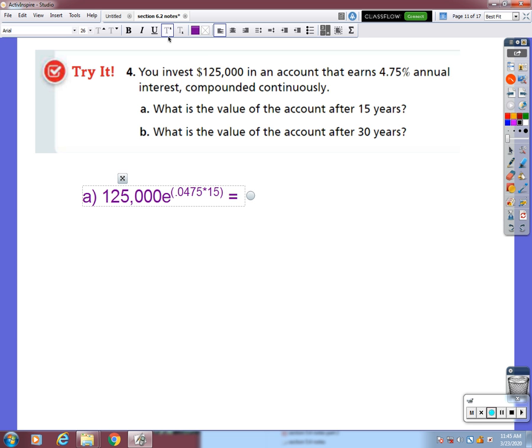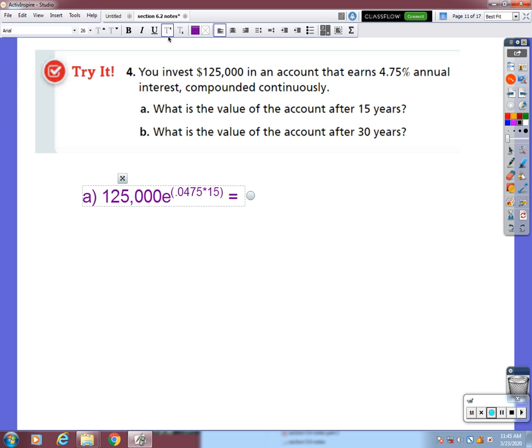Okay, so if you type that onto your calculator, 1, 2, 5, 0, 0, 0, E to the parentheses 0.0475 times 15.